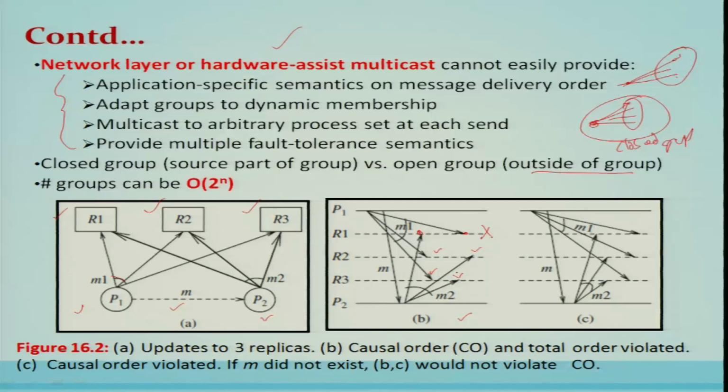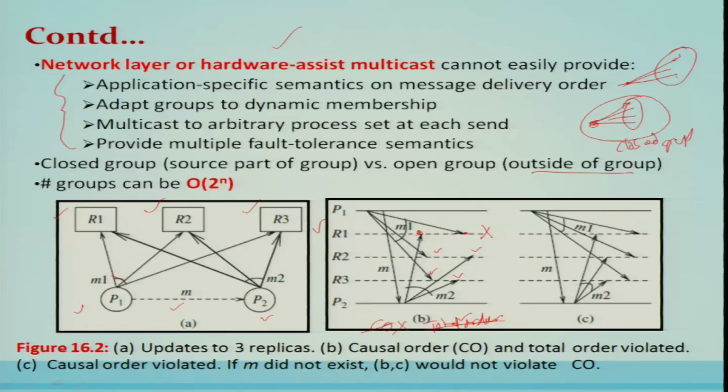So this particular update is not basically causal order, and total order is also violated. Total order, I will explain later on. Total order means that each site will see the same ordering.